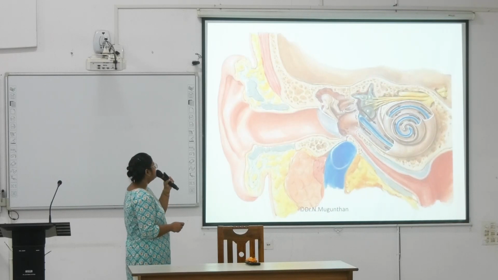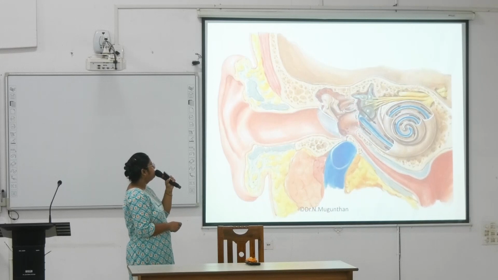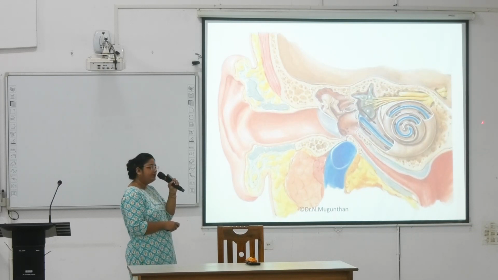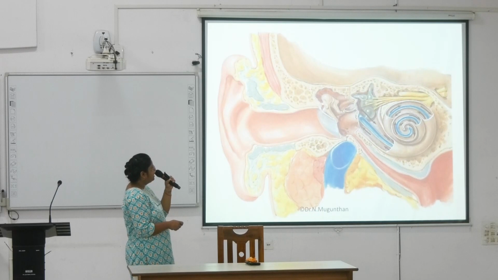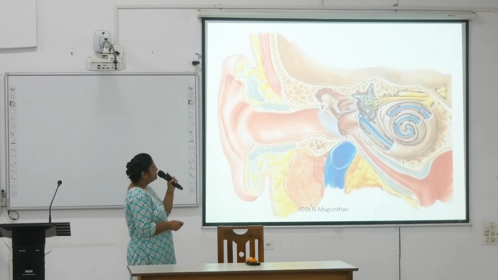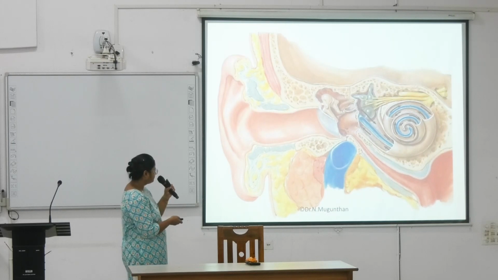Okay, and via the foot plate of stapes and round window, this middle ear is connected with the internal ear. Here is the vestibule and this is the cochlea. Okay, and these are connected to the eighth cranial nerve. From there, the signals are going through the eighth cranial nerve.